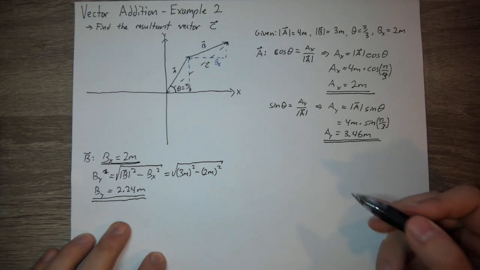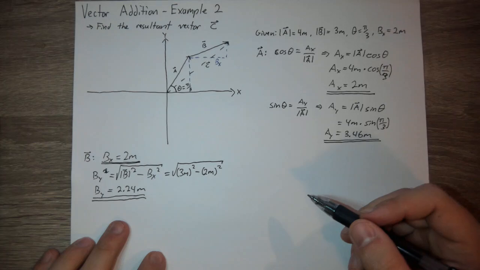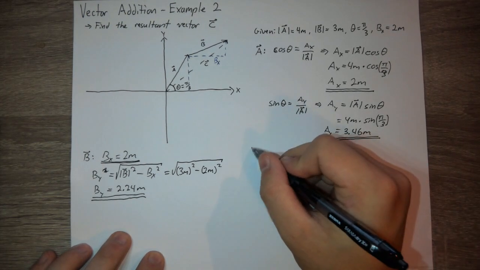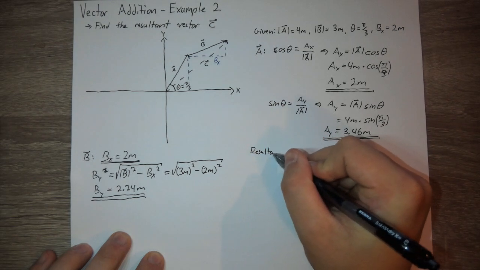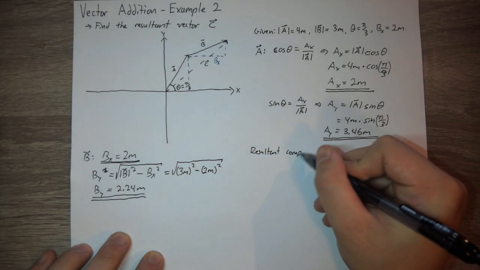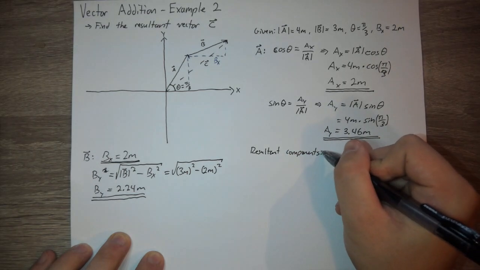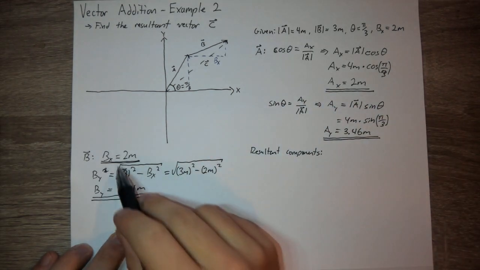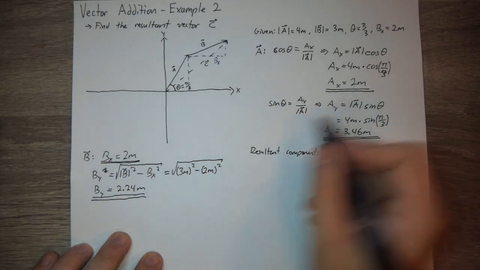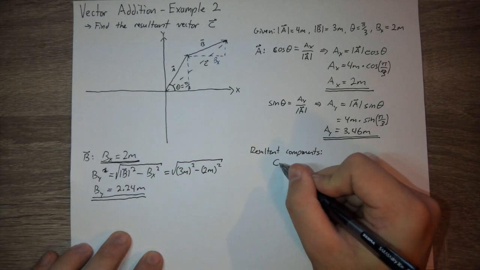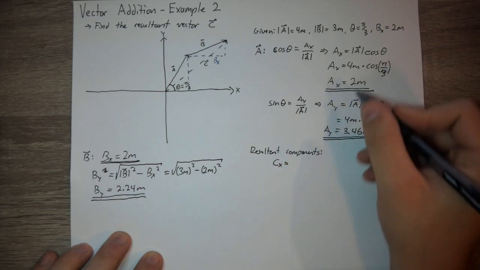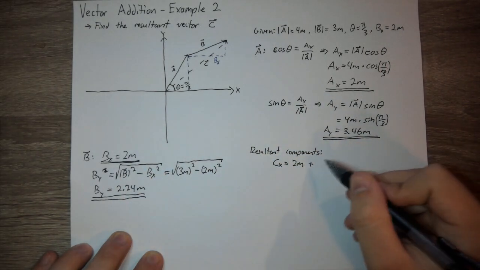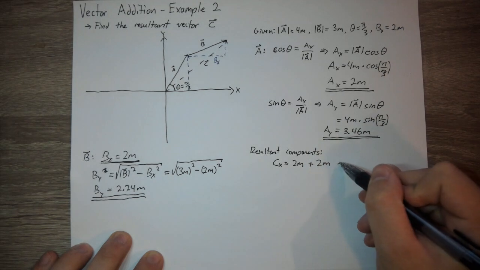Okay, now we have all the components of our initial vectors, our two vectors we're adding together, which means now we can find the resultant components, or the components of C. And we can just add the x component of A with the x component of B, and the y component of A with the y component of B. So Cx is 2 meters plus Bx, which is also 2 meters.